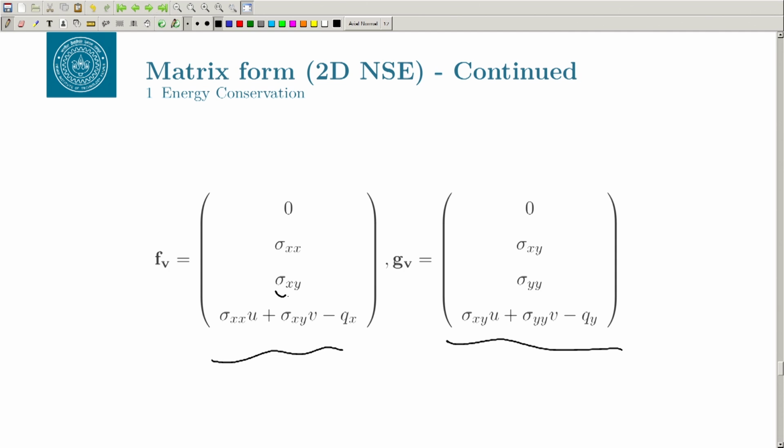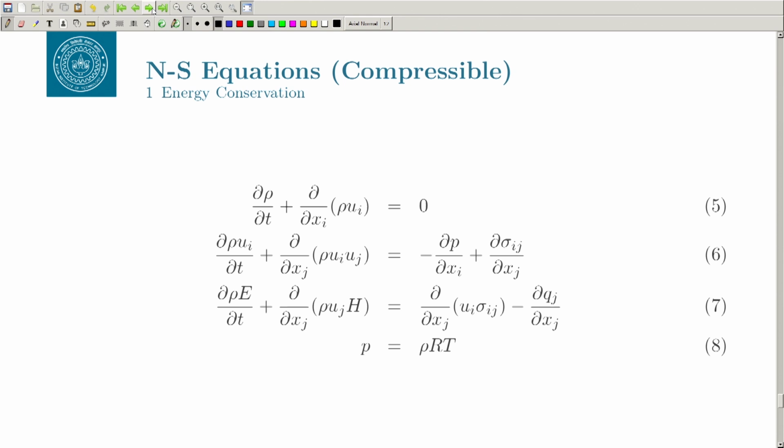You can see you have the shear stresses also here, but you have only two directions. So, you do not have the sigma xz or sigma yz, or sigma zz. So, you can solve this easily, and these are your final expressions. Please go back and write the 3D equation in the matrix form for the compressible flow.